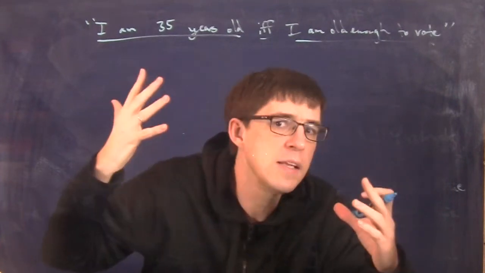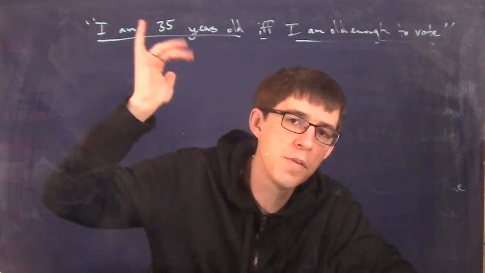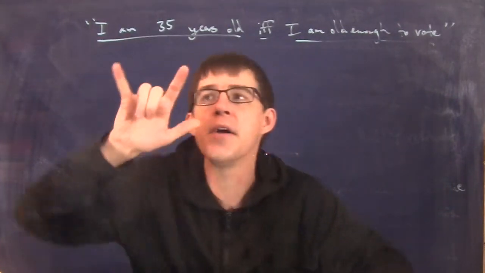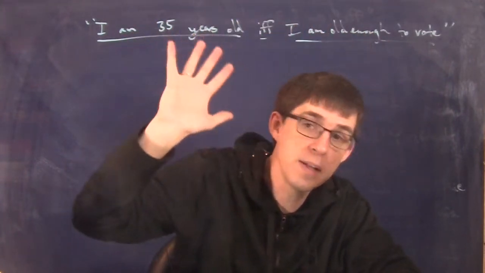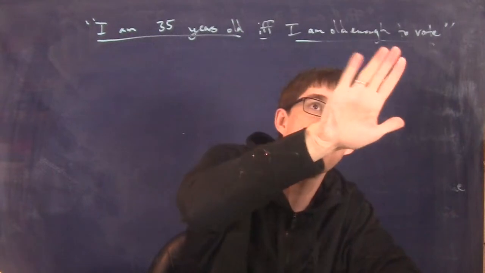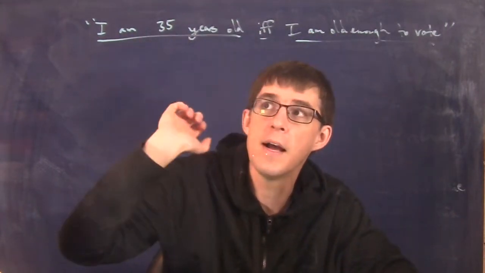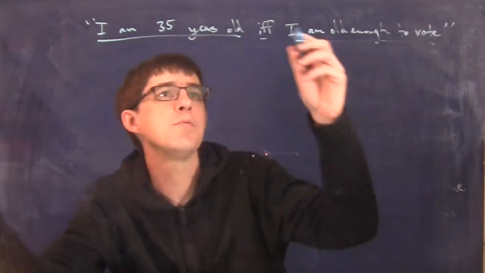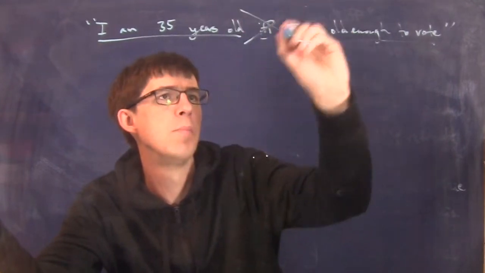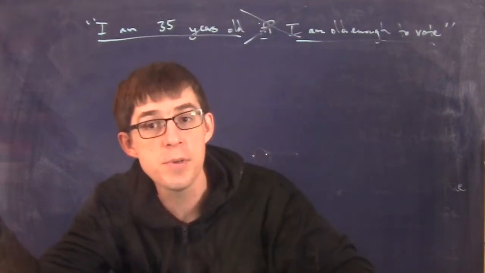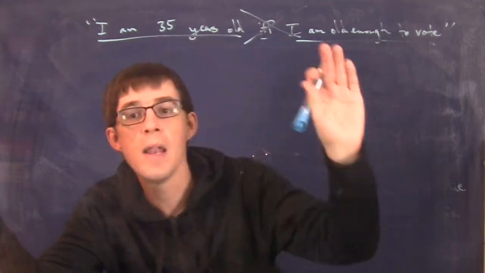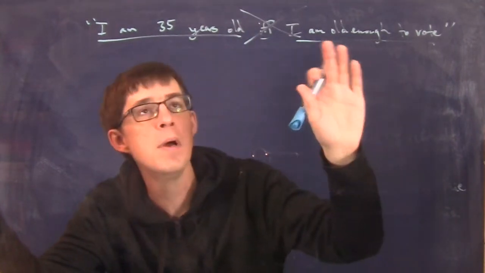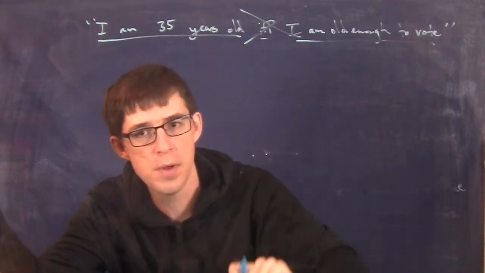You could be younger than 35, or older than 35. It is true that if I am 35 years old, then I am old enough to vote, but the other way around is not true. So this one gets a big X. This is an improper usage of the phrase if and only if, because these two things are not logically the same. One of them follows from the other, but not both ways.